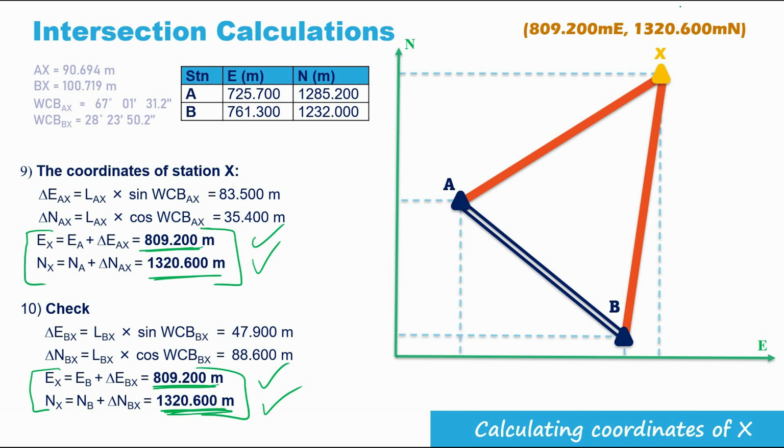So now guys, we can say that the final coordinates of the unknown station X are 809.2 meters east and 1320.6 meters north, and by doing that we have achieved our aim and calculated the coordinates of the inaccessible survey station X by taking measurements or observations using total station from two other stations A and B.